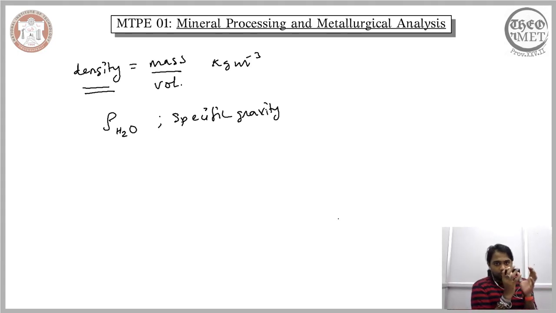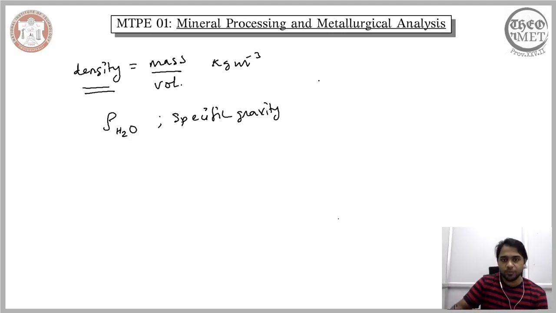So you have defined density, it has a specific unit, now you want to get rid of that unit, so you take the ratio of the density of the mineral that you are considering and the density of the known material, that is water, and this ratio renders you specific gravity.